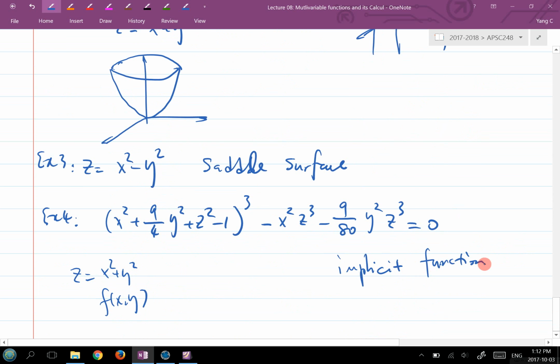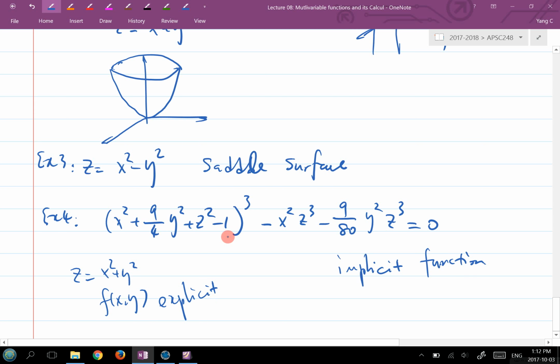Implicit meaning you don't have an explicit expression for the z. So that's what it's called implicit. But it's still a surface because it involves three variables x, y, z.